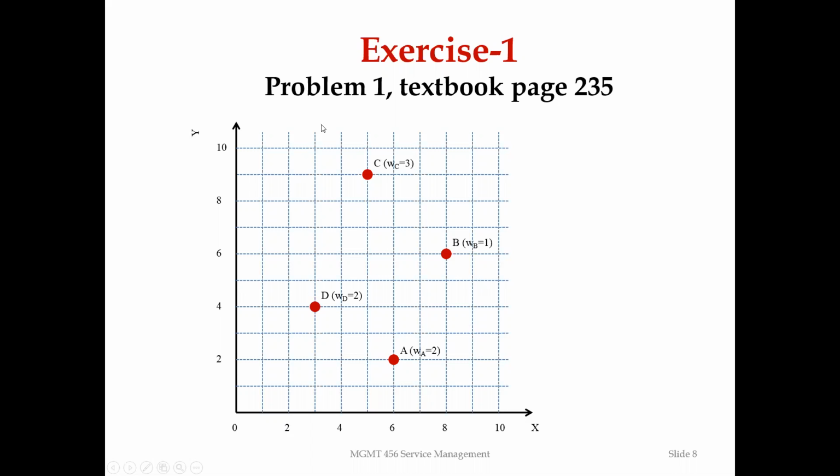If you look at the relative location for 4 different customer areas, going from west to east, the sequence is D, then C, then A, and then B. If you are going from east to west, the sequence will be B first, then A, then C, and then D. If you are going from north to south, it will be C, B, D, and A. If you are going from south to north, it will be A, D, B, and C. So these are the 4 different directions.